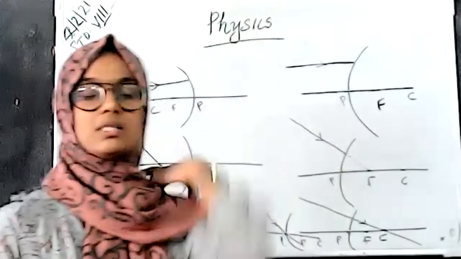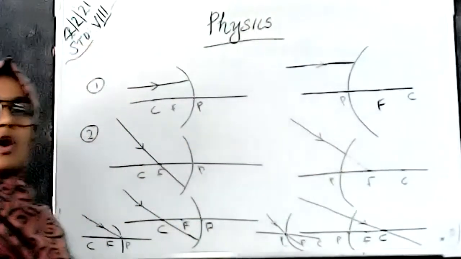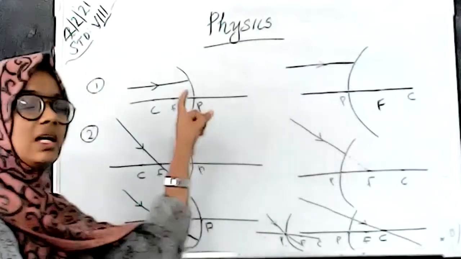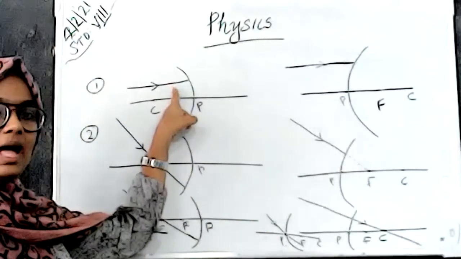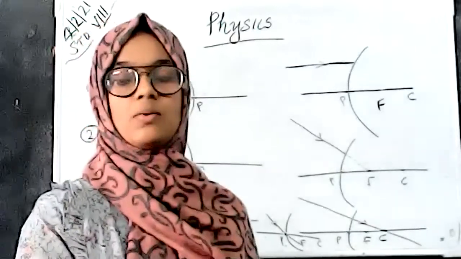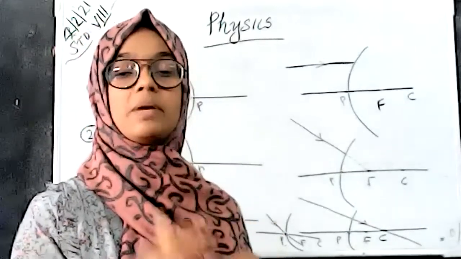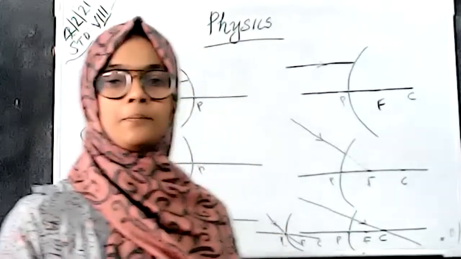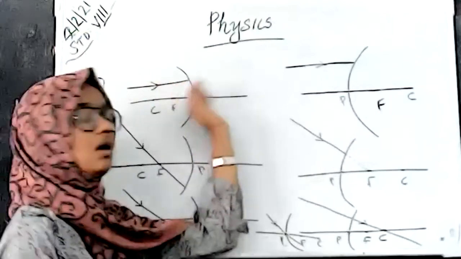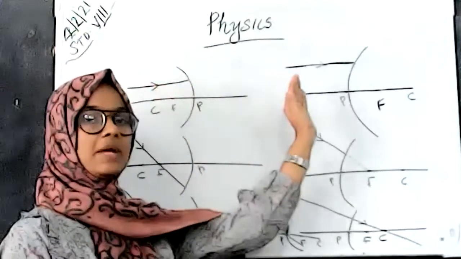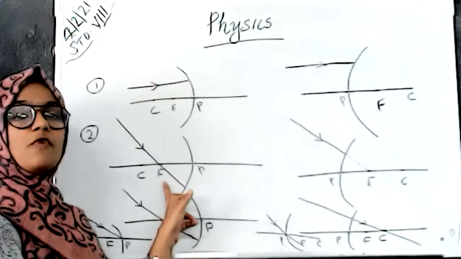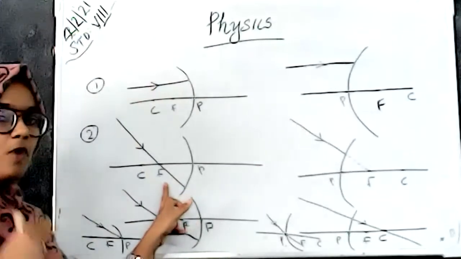In a spherical mirror, there are some possibilities for the ray of light to fall. The first one is parallel to the principal axis, and we have some points: center of curvature, pole of the mirror, principal focus of the mirror. In the first case, the ray of light is falling parallel to the principal axis, and in the second case, the ray of light is falling through the principal focus.